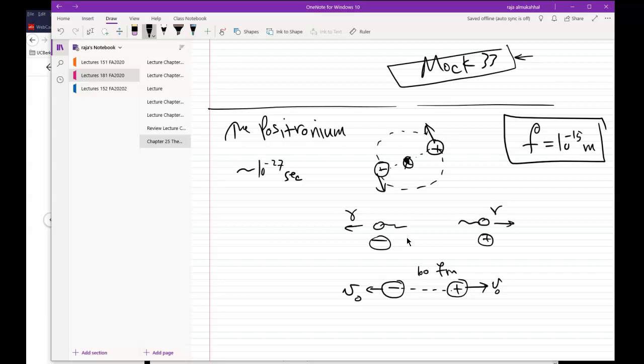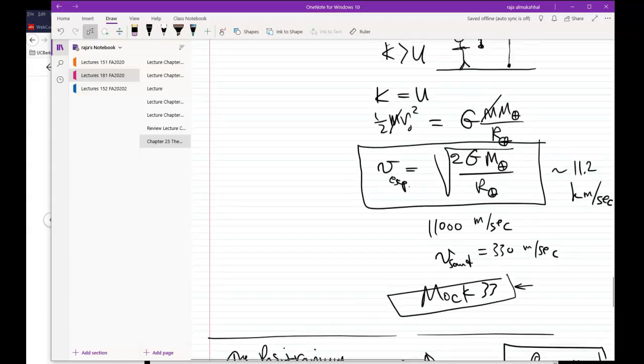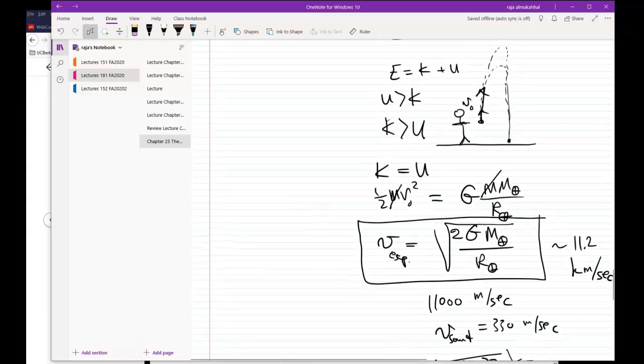See, there is a tendency for them to come together because they're both positive and negative. What's the minimum speed for them to be going in the opposite direction to escape from each other? Well, again, we go back to that escape velocity. If you know the concept of escape velocity, what's the condition for escape velocity? It's when the kinetic and the potential are equal.